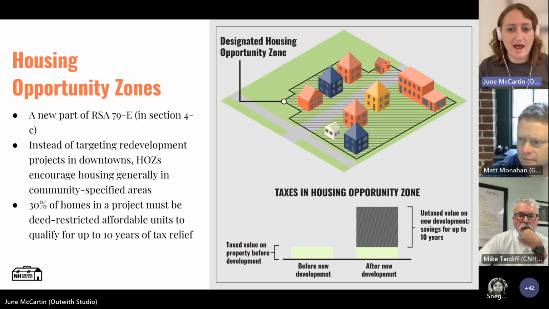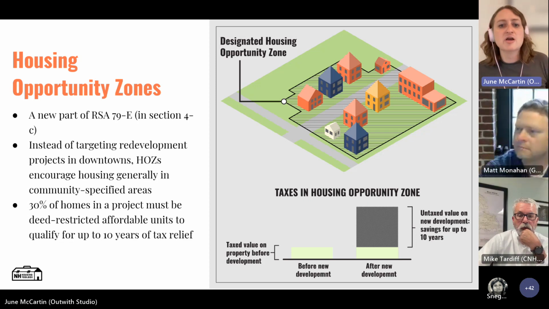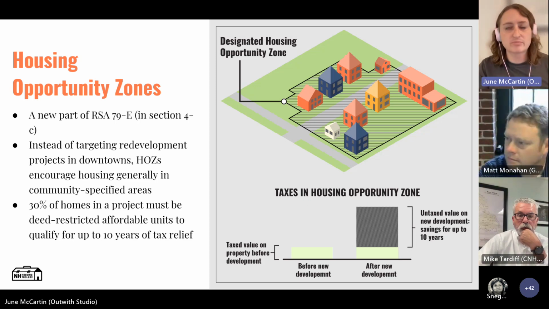As long as you provide that specific community benefit, you become eligible for this housing opportunity zone tax relief. So it functions very similarly, but has a specific community benefit attached and can happen outside of a traditional village area, in a place where a town designates a housing opportunity zone.